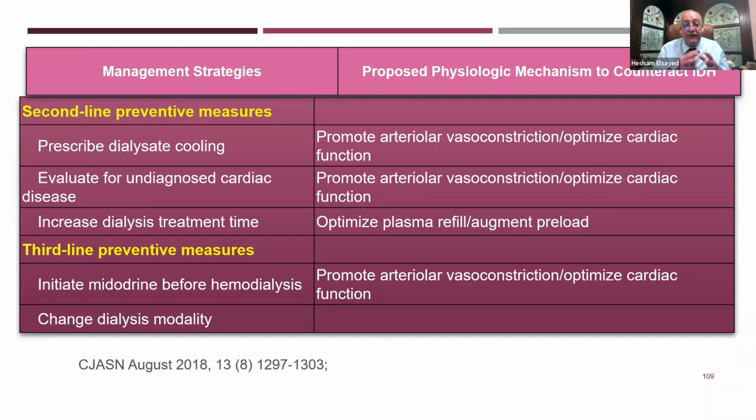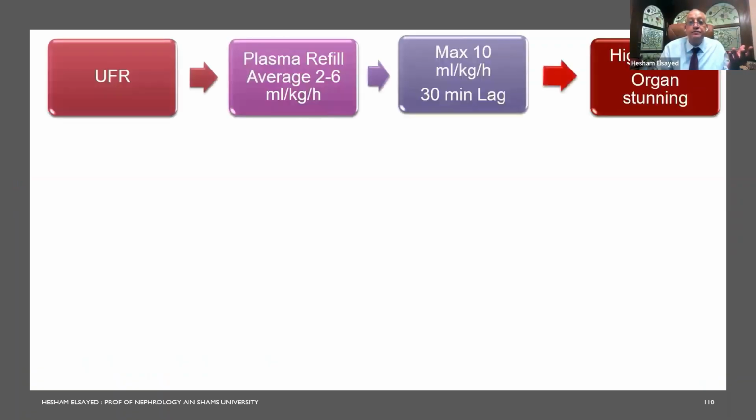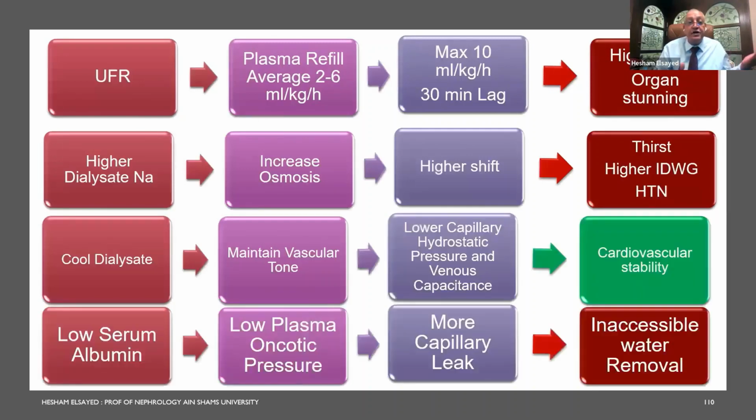Third line prevention, this is the third line, to give midodrine or others. So importantly, do not jump to midodrine for patients on dialysis, but look for the cause. And this is a schematic presentation of all the sequelae and procedures by which we can manage a patient with intradialytic hypotension.